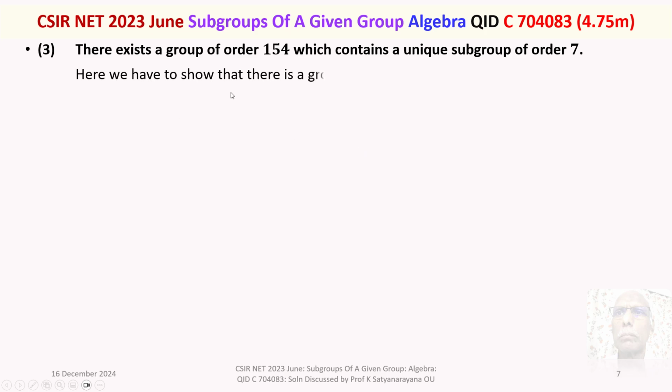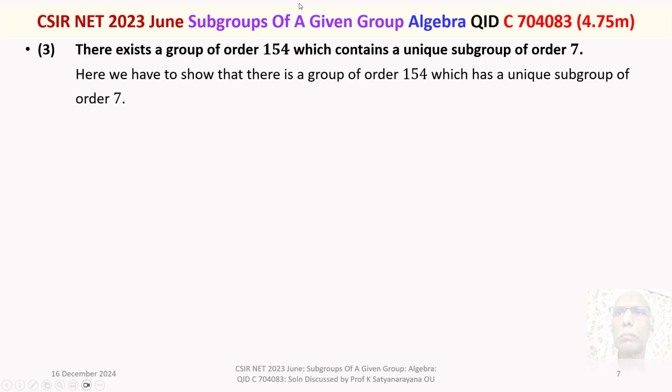Here we have to show that there is a group of order 154 which has a unique subgroup of order 7. Recall two results from abstract algebra, that is group theory. That is, given a positive integer n, you always have a group like Zn under addition. Zn is a group of integers modulo n under addition modulo n.